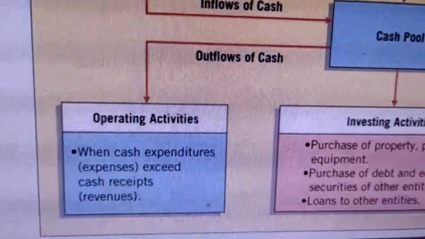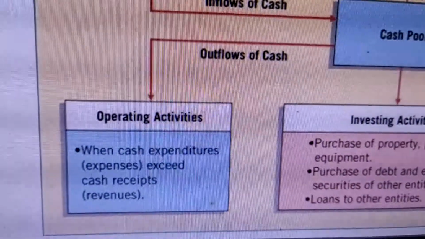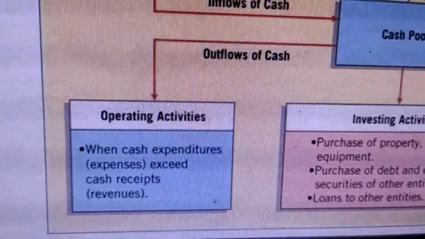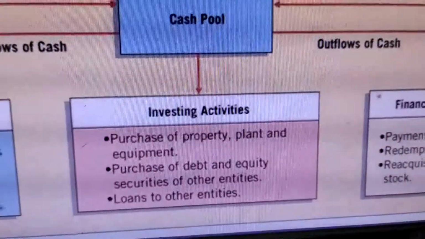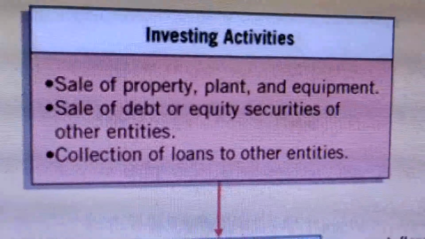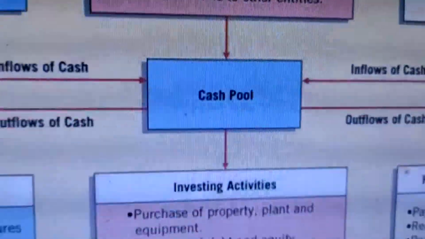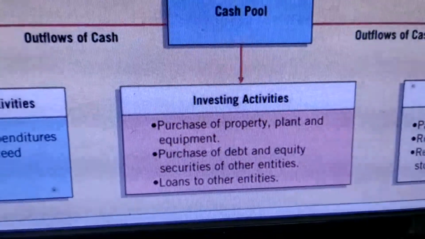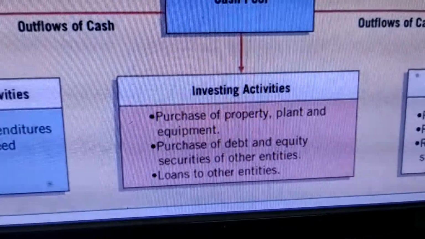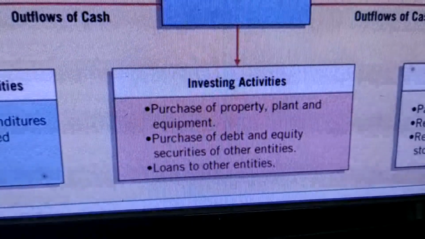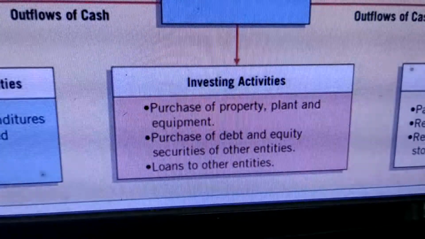Your receipt is less than the expenses. Then investing activities: the inflow of cash was sale of property, and the outflow of cash is purchase of property. If you purchase a building, you need to spend money, and the amount goes out from your organization.